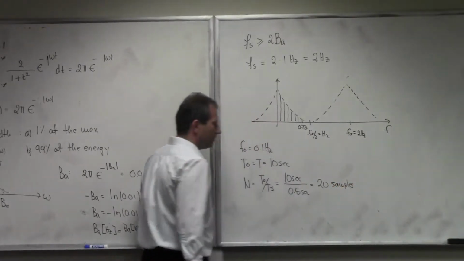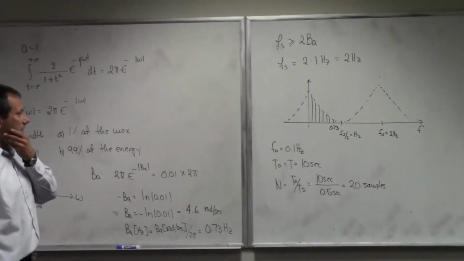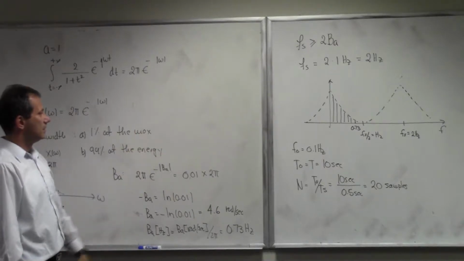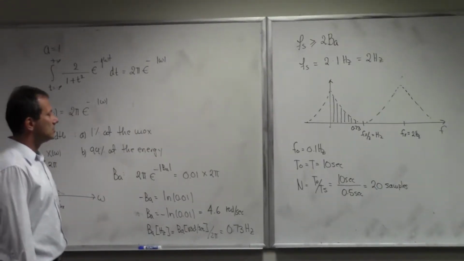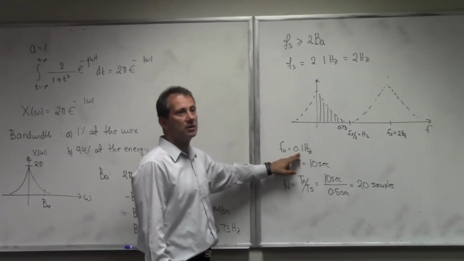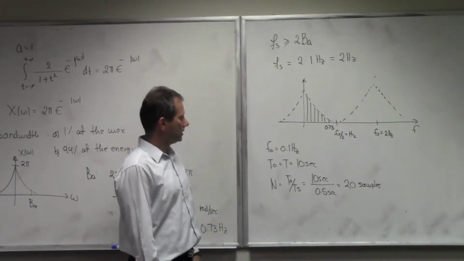So I'm going to sample every half a second. I'm going to have 20 samples, with a sampling duration of 10 seconds. This would give me a resolution in the frequency domain of 0.1 hertz, and that's kind of it.